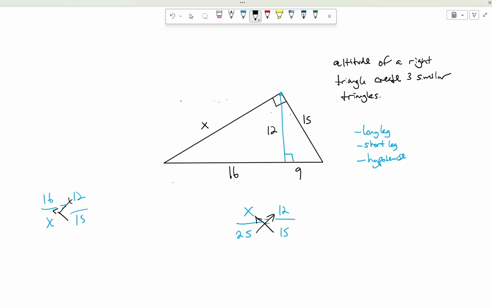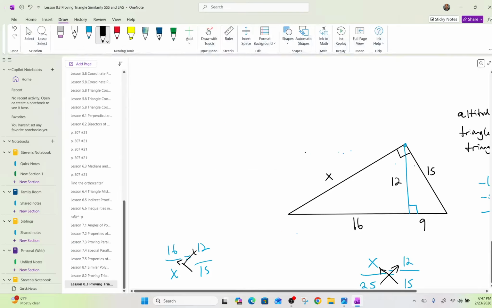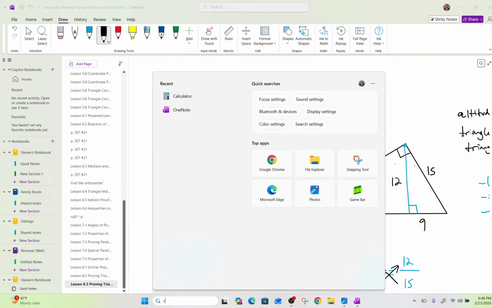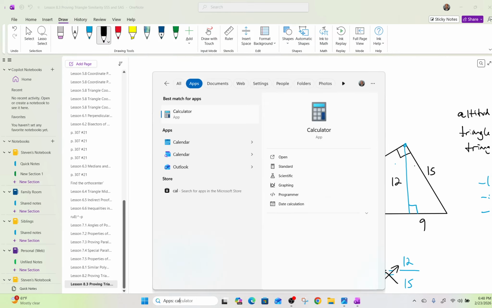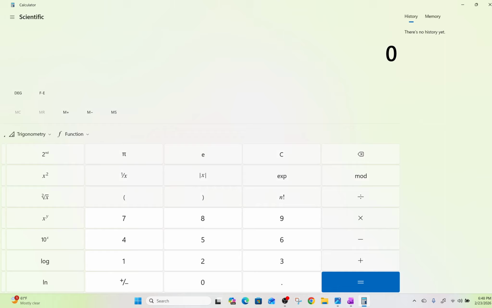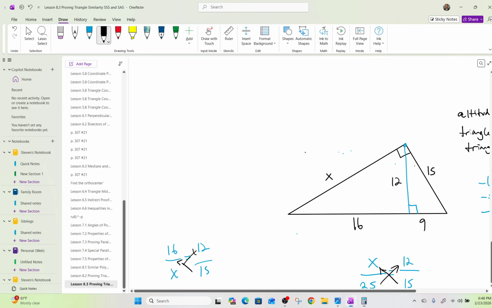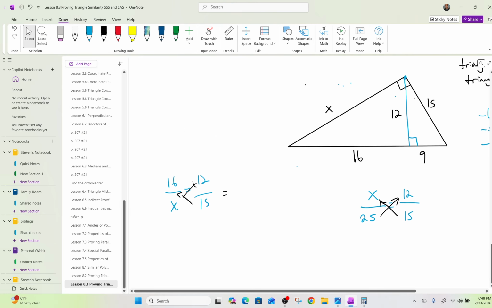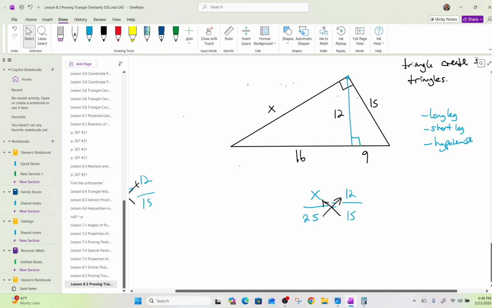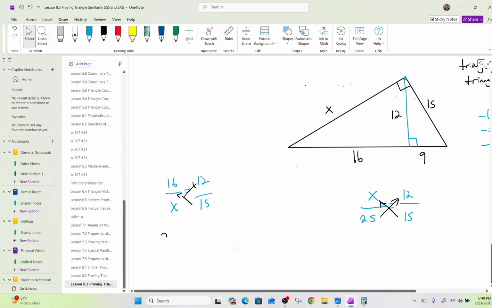15 times, let's do this one over here, 15 times 16. It's an easy problem, right? Because according to our calculator, 15 times 16 is 240, okay? So I have 240 is equal to 12x.